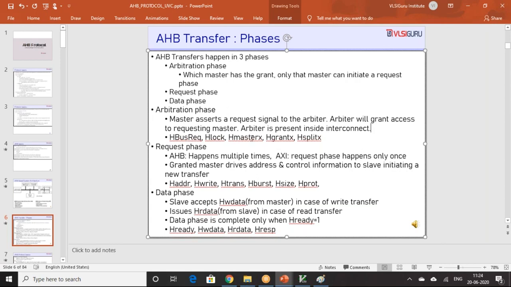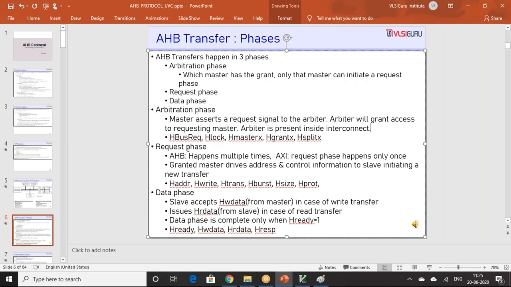HMASTER indicates which master is active now, which is the master that has been given access. HGRANT is driven by the interconnect to tell who has been given the grant. Split is a different concept. I will explain that later.